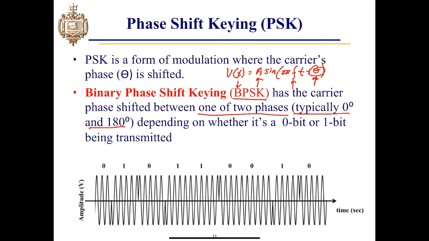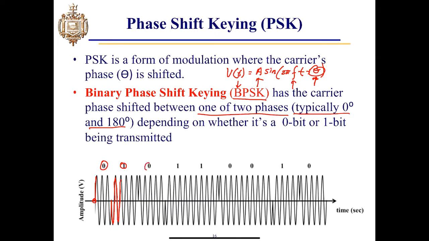In this example, for a 0 bit we have a 0 degrees phase. Notice that here it starts on the axis. Then when that symbol ends and we want to transmit a 1, it has 180 degrees phase. It's 180 degrees out of phase, and it starts going negative here.